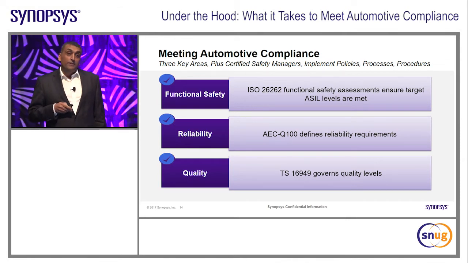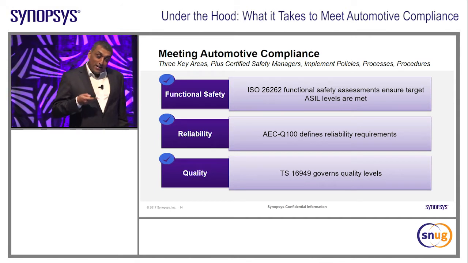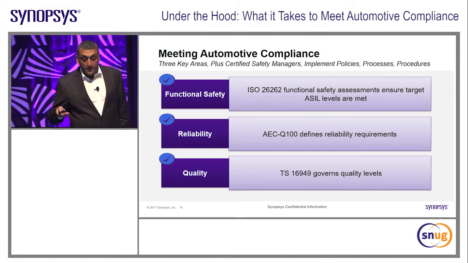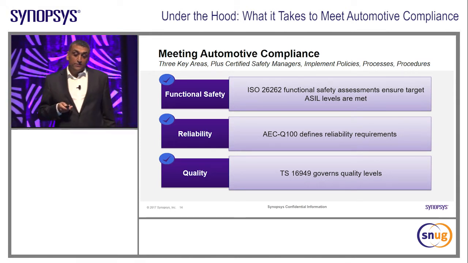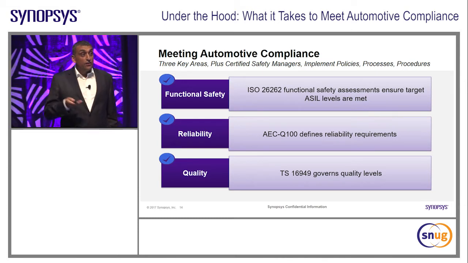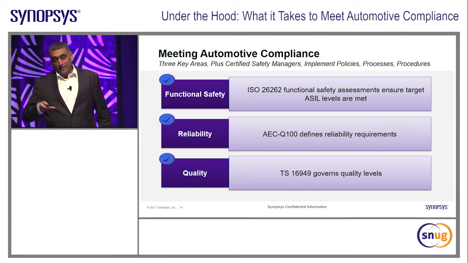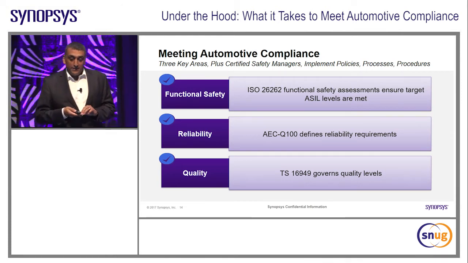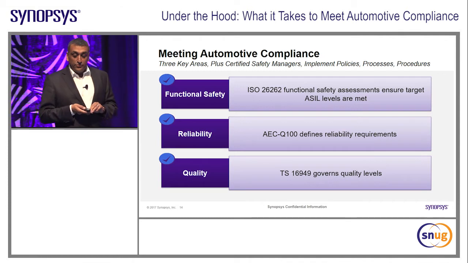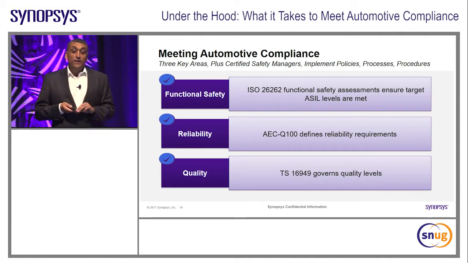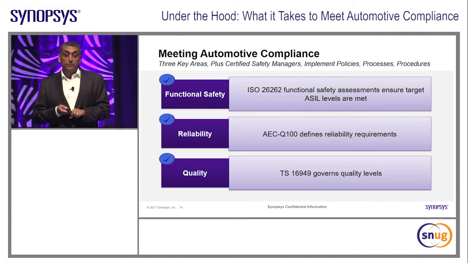In addition, in order to really support the compliance requirements, what we've done is we have an internal product management process, which applies to all of the IP development. We have 9 safety engineers. So these are people that don't actually do any IP development work. Their job is to ensure that we implement the policies, the processes, and the procedures.